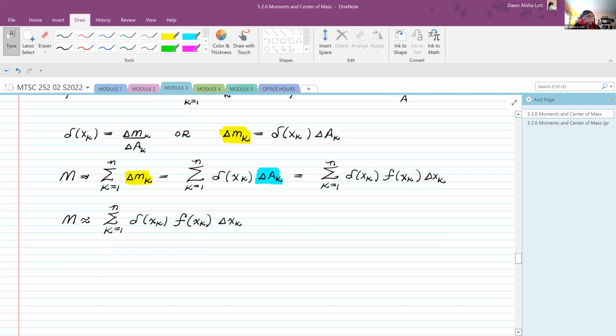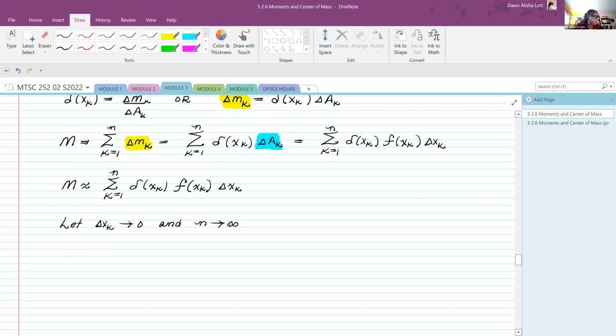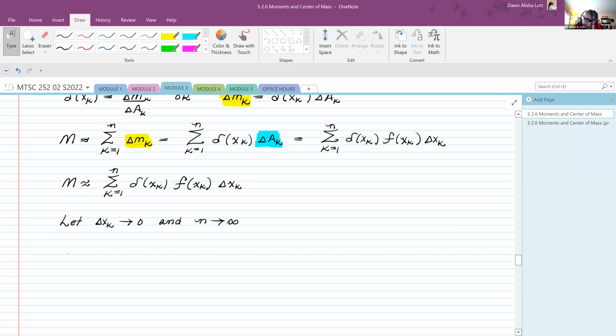And so now, again, we're going to let delta xk go to 0 and n go to infinity. And we end up with a beautiful formula. That is our mass, m.